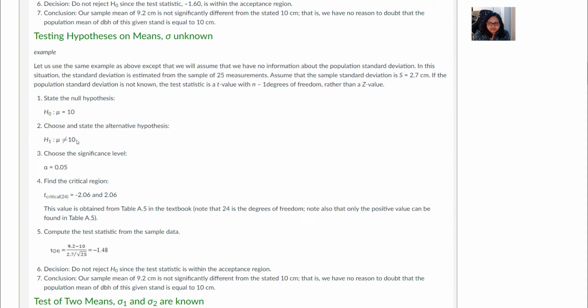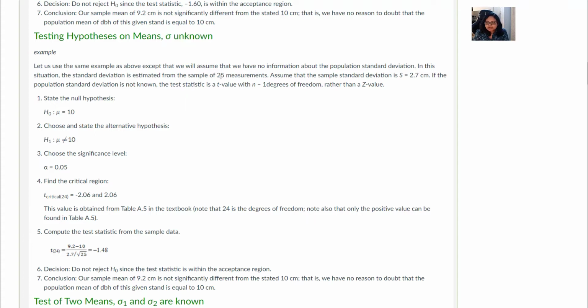So previously you saw that we already knew the population standard deviation. That means population variance was known. But in this case, if we do not know the population standard deviation, then we cannot use Z. That means the Z distribution we were using before, we cannot use that.